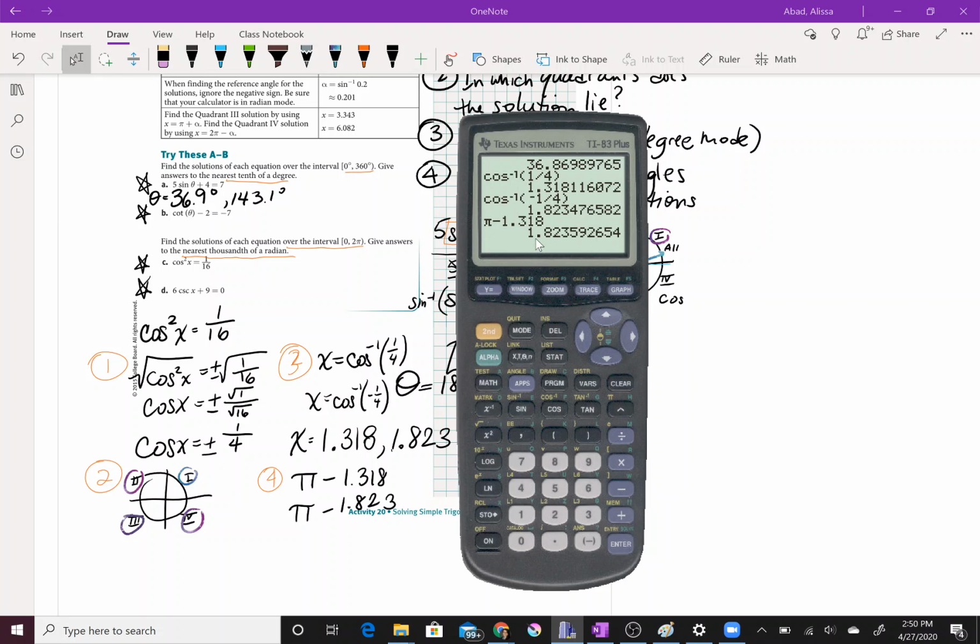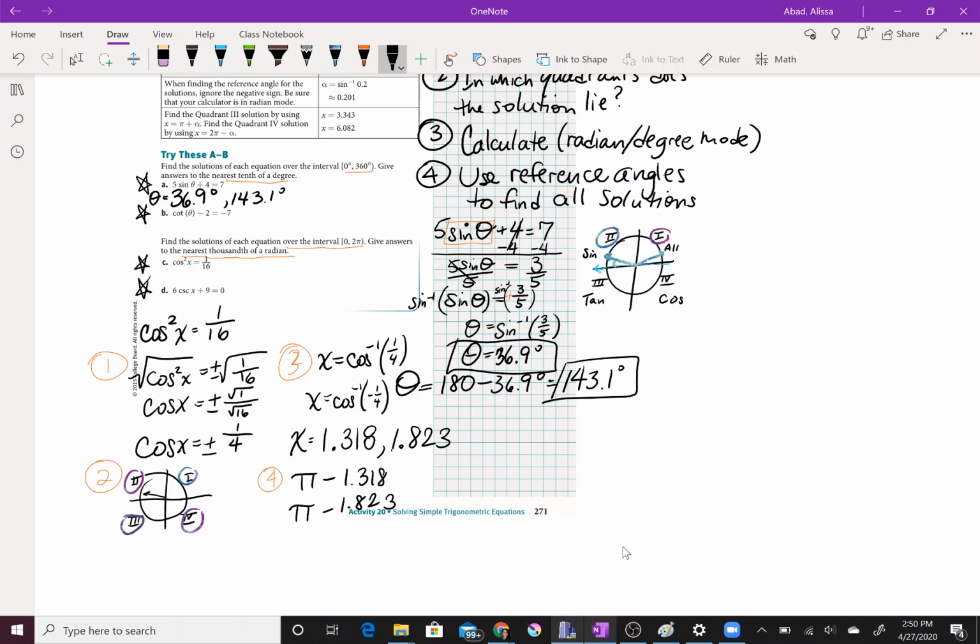Notice here that this is giving us back the 1.823. Okay, and I'm going to show that other one, minus 1.823. Okay, so that was for the second quadrant in here, and that's giving us the same radian values. So what that's telling you is that these values here are already in the second quadrant. We need to find the rest of these.